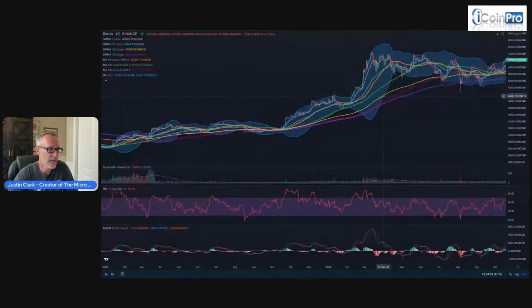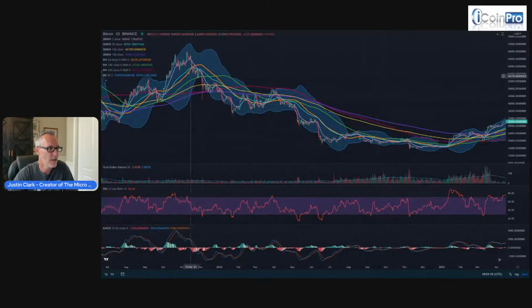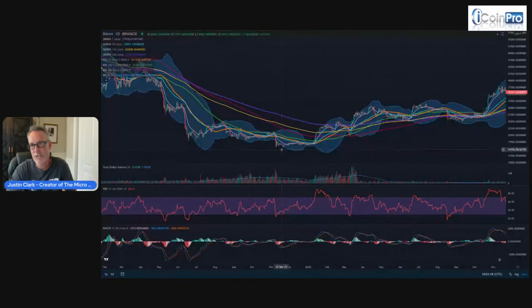On the flip side, if we're trading below all of these lines, and in particular getting stuck below this light purple moving average, then we are potentially in a bearish market and almost definitely not in a bull market. We need to process out the sellers and fear before we can start potentially moving higher.